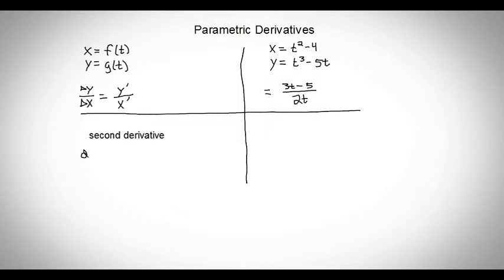So the second derivative, d squared y with respect to x squared, is simply the derivative with respect to x of our first derivative.